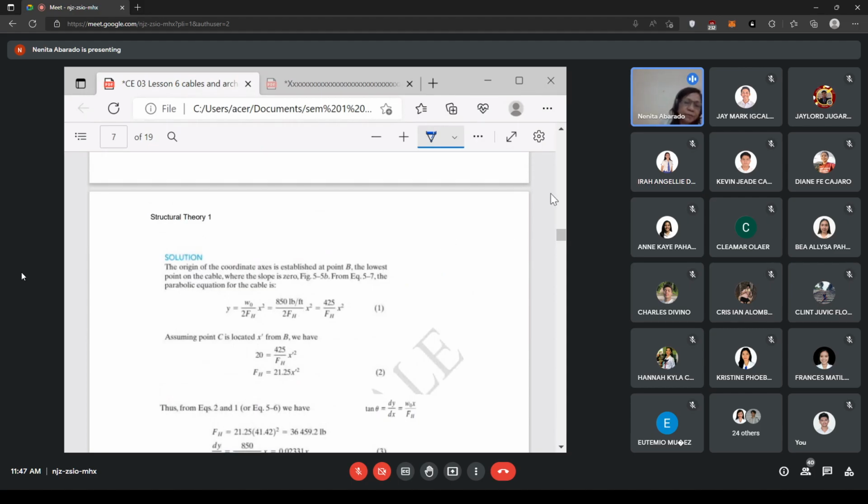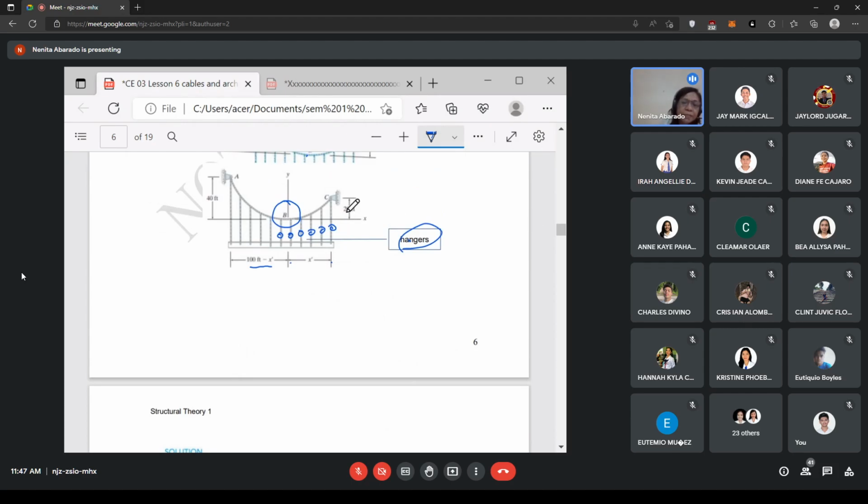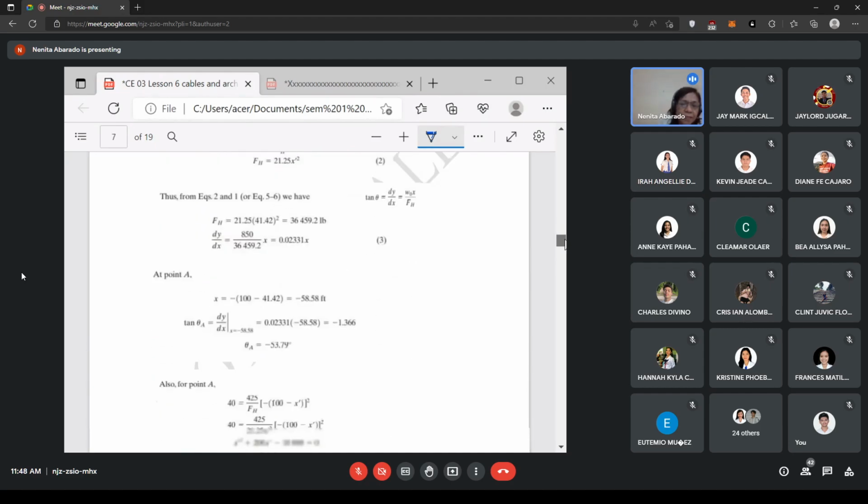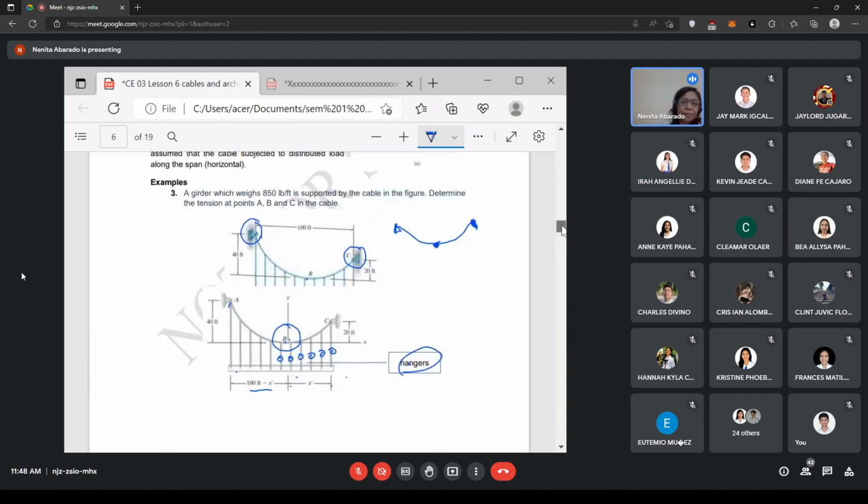The solution is to get the value of the origin of the coordinate that is established at point B. So, let's say at point B, from point B to point C, and point B to point A. X and X. So, let us have a solution.